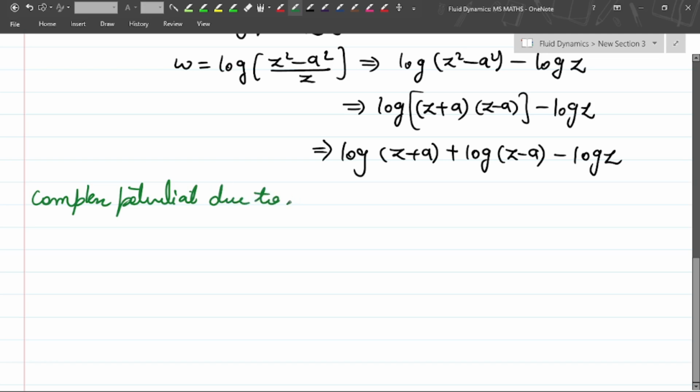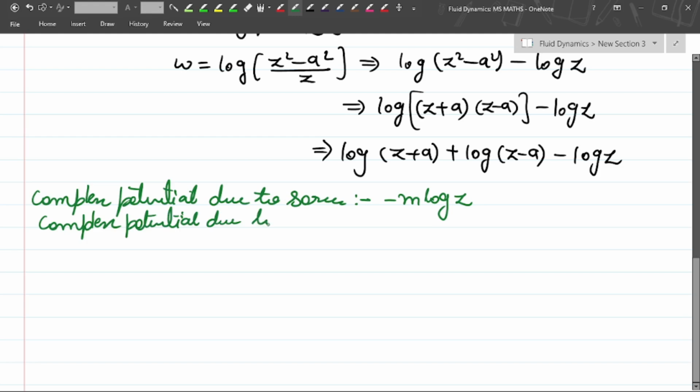Complex potential function due to source, it is minus m log of z. And the same thing, complex potential due to sink, it is m log of z.